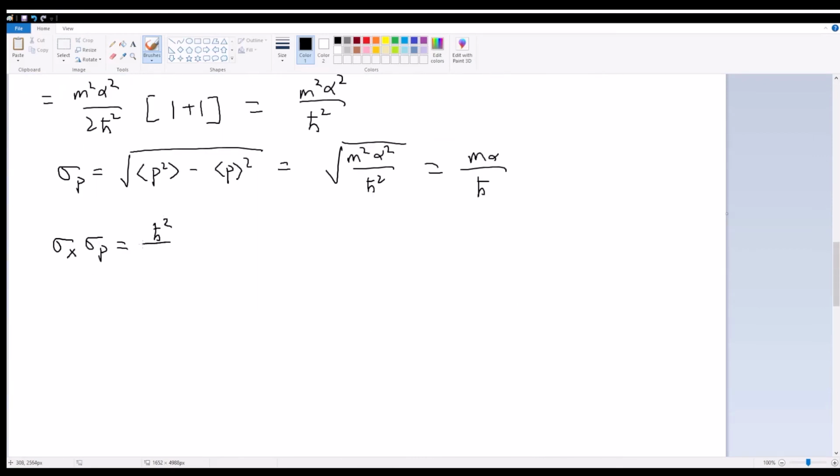H bar squared over m alpha root 2 multiplied by m alpha over h bar. The m alphas cancel, the h bar cancels with the 2. We have h bar over root 2, or by convention, since we write square roots at the top, this is going to be h bar root 2 over 2, which is indeed greater than the minimum value of h bar over 2. So therefore, the uncertainty principle is indeed satisfied, and we are done with problem 2.24.